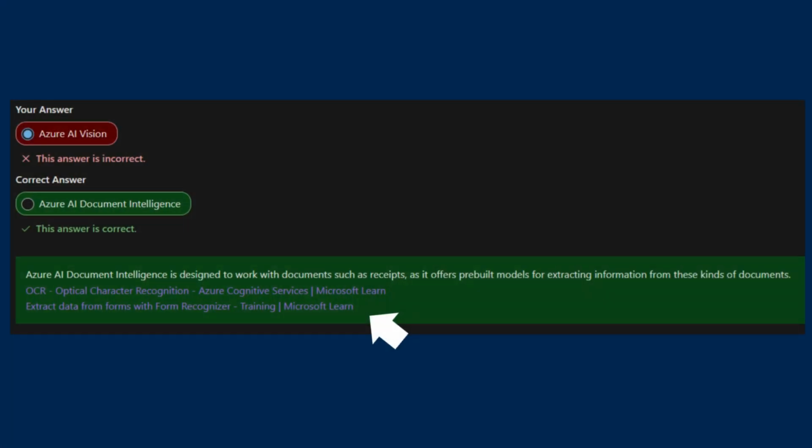Whenever I did that practice exam, Microsoft would give me a few links saying, here's the right answer. Here are the places where you can go learn a bit more about it. Now, sometimes the links were taking me back to the content that I prepared, and some other times it would point to a place where there's documentation.